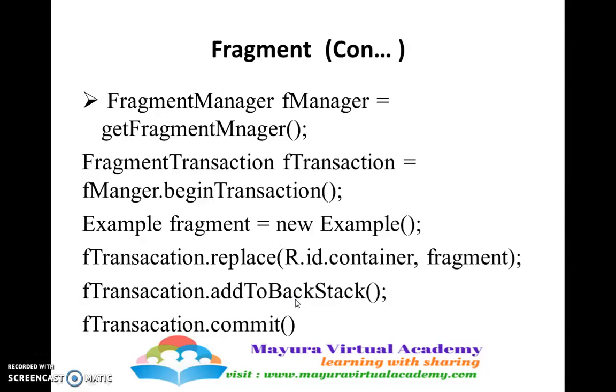So if you are using multiple fragments one on the other, suppose you have launched fragment 1, fragment 2, fragment 3, whenever the user clicks on the back button, from fragment 3 it should go to fragment 2, then to fragment 1, then close the activity. If you are not including this addToBackStack method, whenever you click on the back button, the entire activity will be closed. So this is the method that we will be using so that the activity can have the instance of the fragment that is launched in the stack.